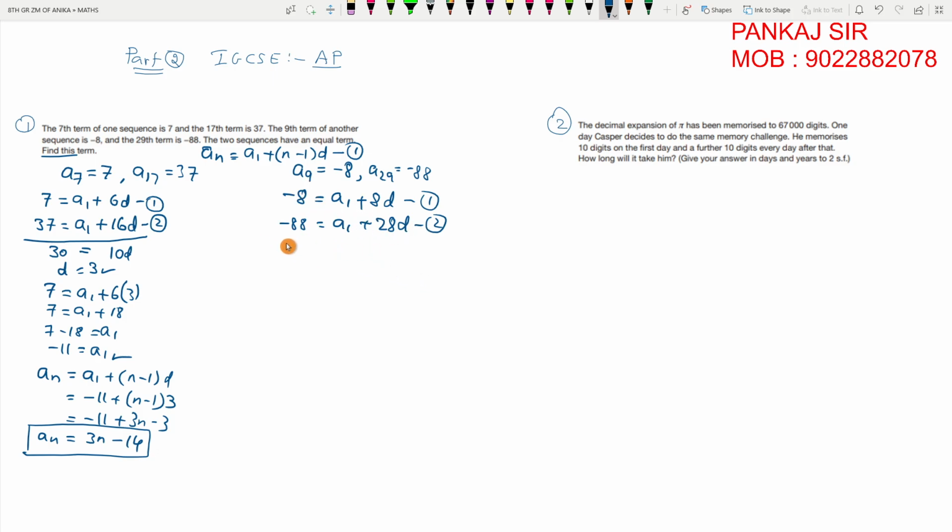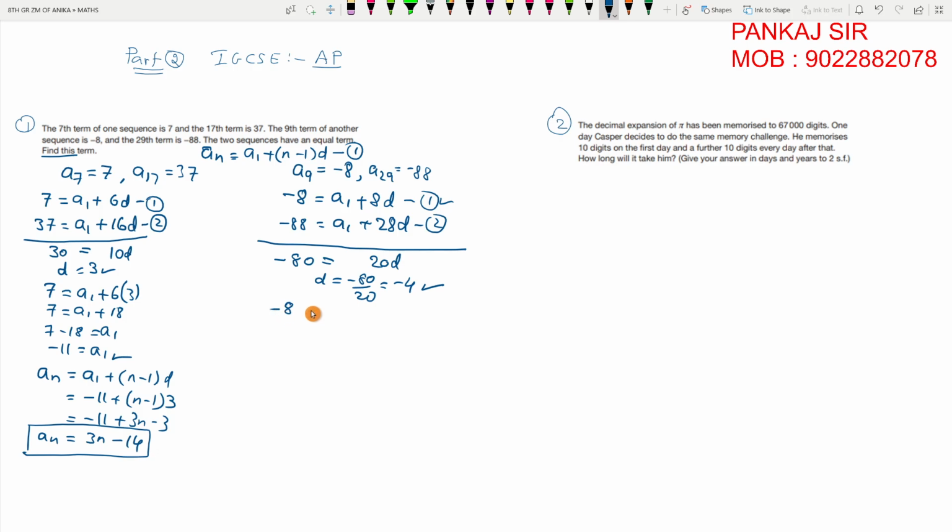So here, if I try to solve these two equations simultaneously, 28D minus 8D will be 20D, A1 will be going, and minus 88 minus, minus 8, is minus 88 plus 8, that is equal to minus 80. Now this gives me D is equal to minus 80 over 20, which is equal to minus 4. So I get D is equal to minus 4. Now I'm going to use this D in any one of these equations. Let me use this equation.